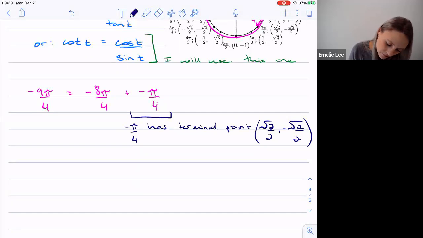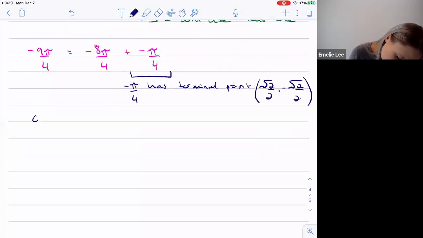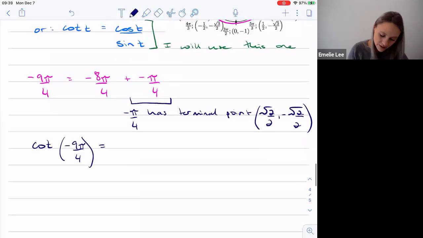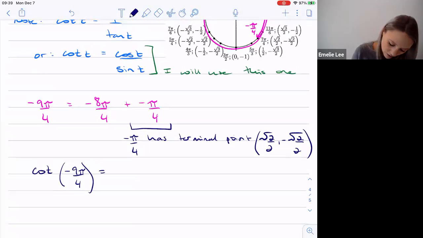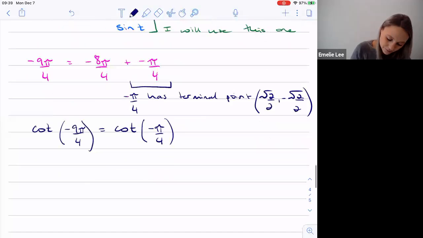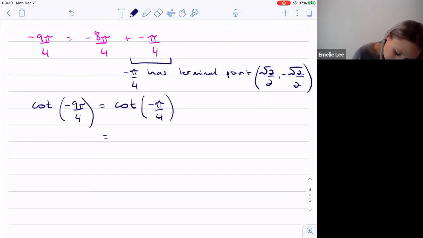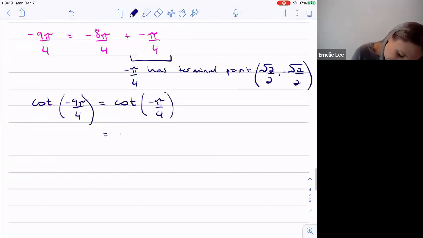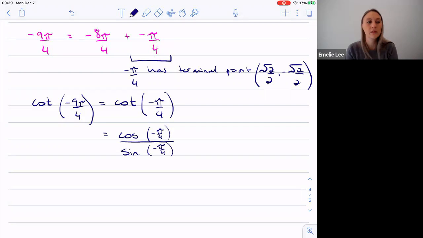So here, what we can say is that the cotangent of negative 9 pi over 4, first of all, is going to be the same thing as the cotangent of negative pi over 4. So let's start there. And that's going to be the same as the cosine of negative pi over 4 divided by the sine of negative pi over 4.